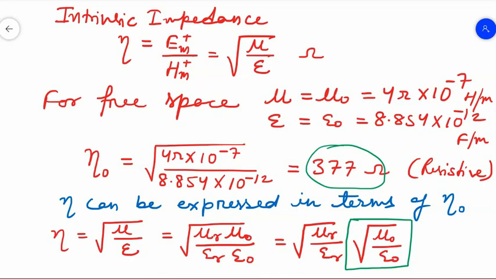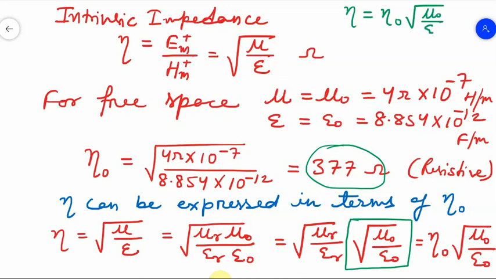So from here we have got another relation of eta: eta equals eta 0 into root of mu r upon epsilon r, or eta equals 377 into root of mu r upon epsilon r, putting 377 in place of eta naught.